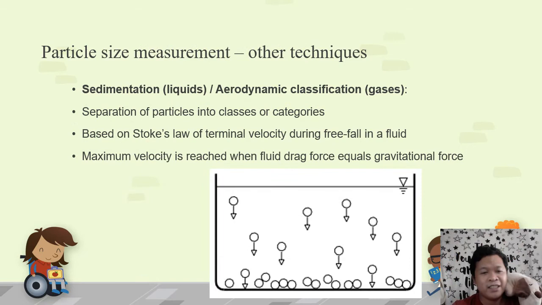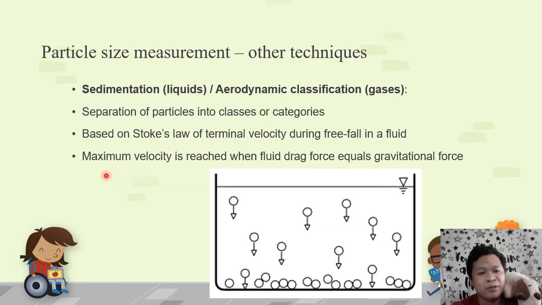So apparently, ang sedimentation pala ay pwede ring gamitin for particle size classification. But before that, ano nga ba ang sedimentation? So this could either be in liquid or in gases, in which case it's called aerodynamic classification. The principle is that we separate the particles into different classes or categories based on them having different terminal velocities during free fall in a fluid, and fluid meaning either liquid or gas.